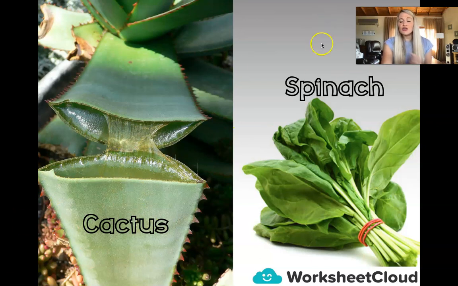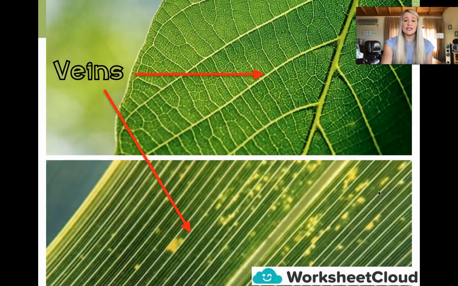And then here is your good old spinach. I love eating my spinach, and spinach, another interesting fact, is also full of iron, which is really, really good for you. Okay, so let's have a look at these veins that I was talking about. I want all of you to just have a look at your arms and your hands and try and find the veins in your body.